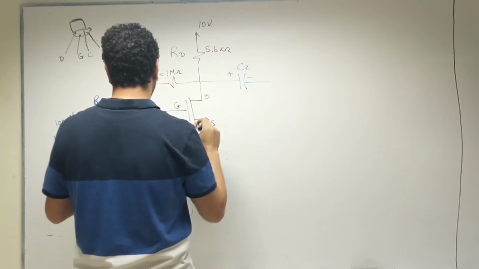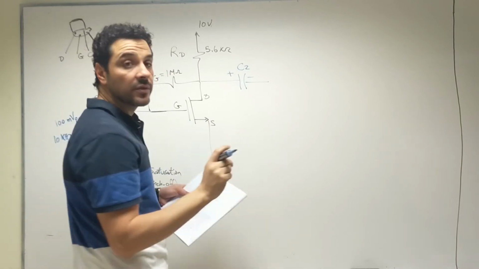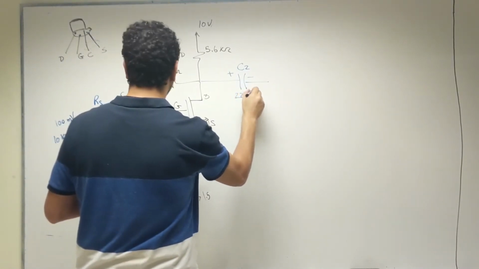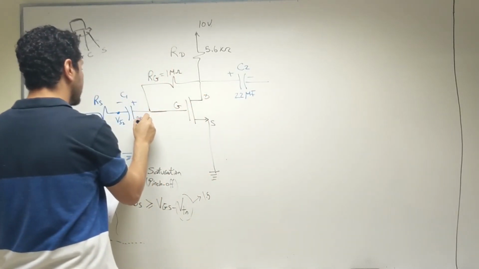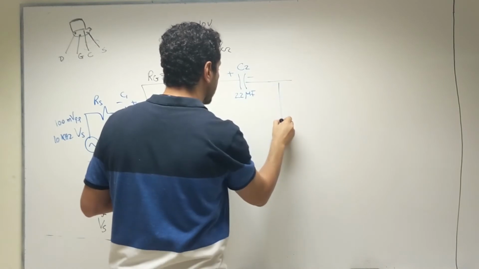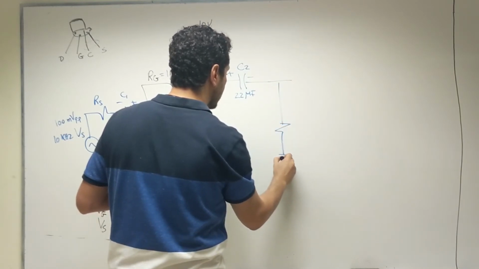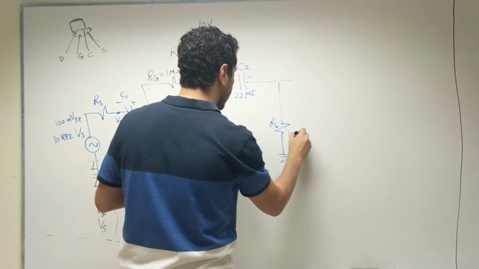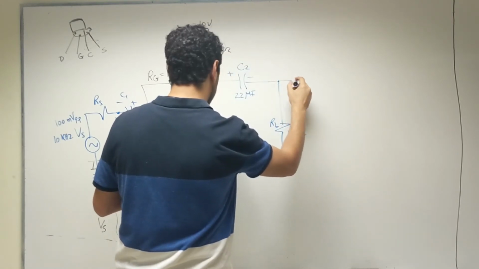This is C2, and C1 and C2 are both 22 microfarad. Then we are going to connect our load here. This is our load, 10 kilo ohm, and this will be our output voltage.